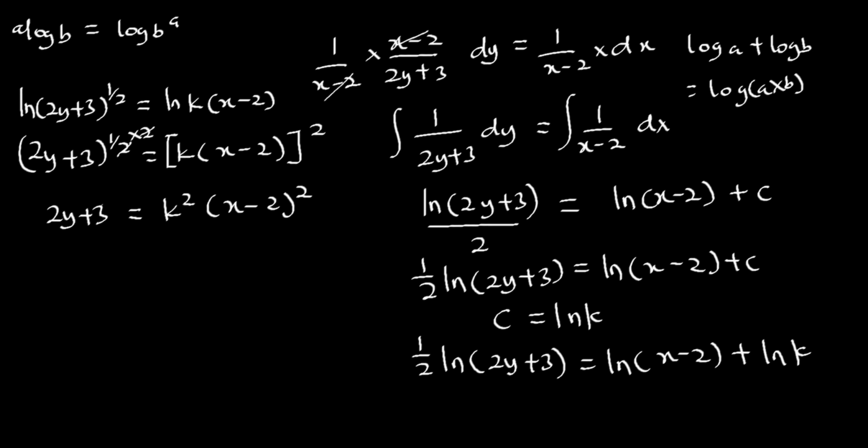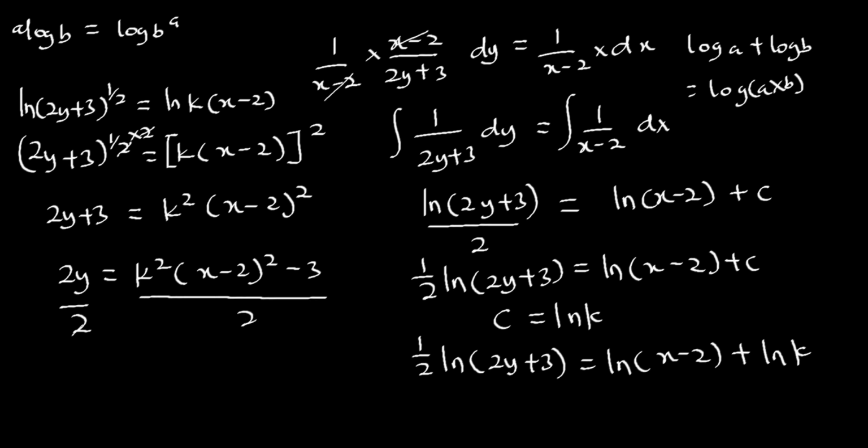So let's see what you are going to do next. So I'll take this 3 to the right hand side. Okay, so we are going to have 2y equals k squared multiplying (x minus 2) squared minus 3. And since we want to make y the subject, we'll have to divide both sides by 2.